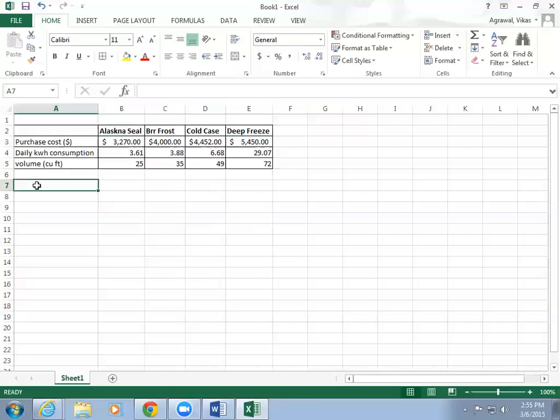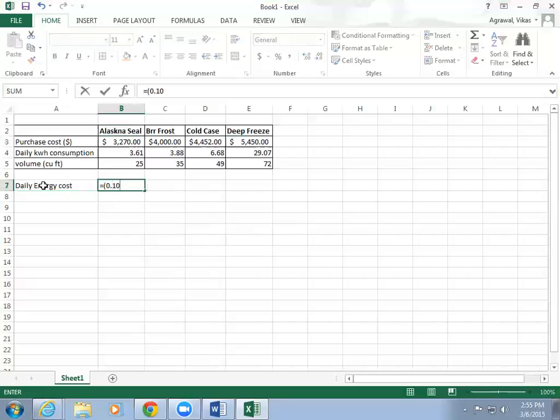Okay, so let's do that. The first is daily energy cost. That will be how much for this one? As I said, it's 10 cents per kilowatt hour, times this one.